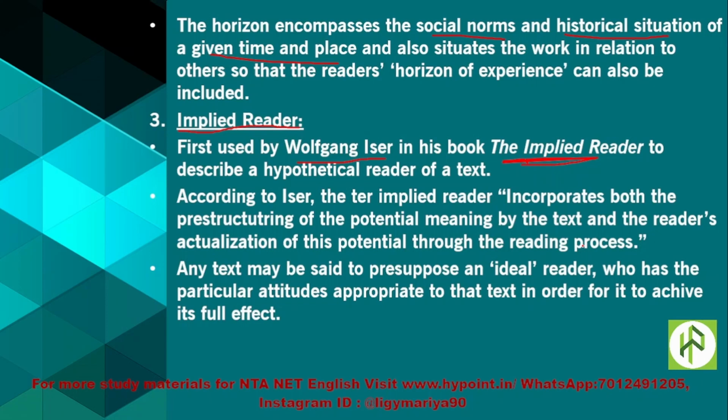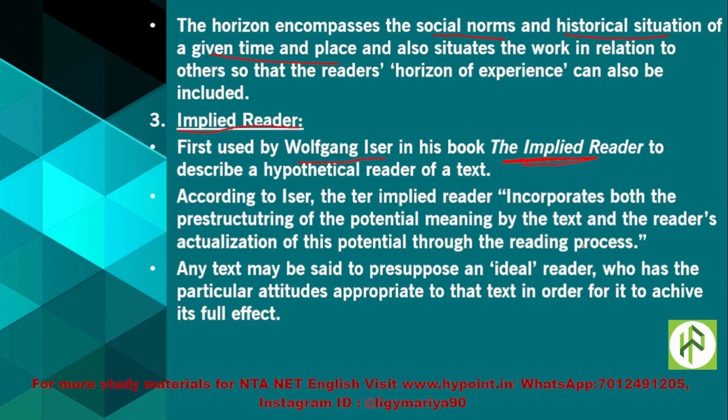When the actual reader comes, the implied reader will play a major role in actualizing this potential meaning through the reading process. The actual, active reader comes and reads the text. So the potential meaning already structured by the implied reader is there, and through the reading process, the real reader will actualize the meaning inside the text.